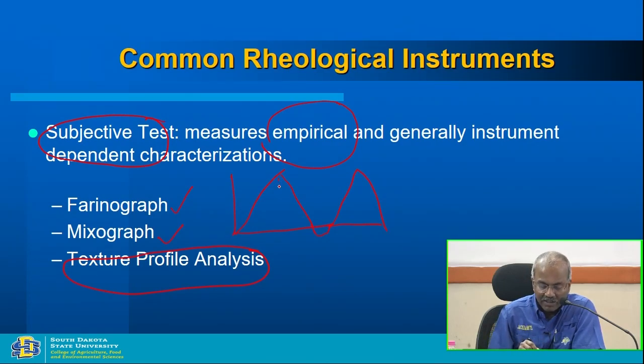So that's why it's called TPA, texture profile analysis. This is the important point: hardness, and then with this information you can calculate other properties: cohesiveness, springiness, resilience, chewiness, gumminess. So we will do this exercise tomorrow morning so that you will understand a lot better.